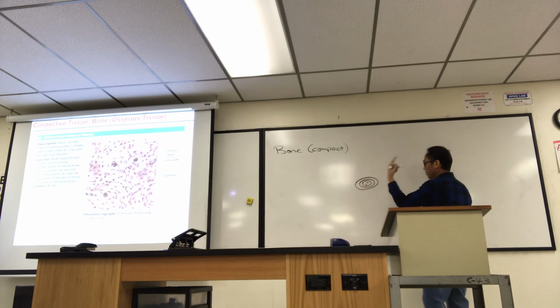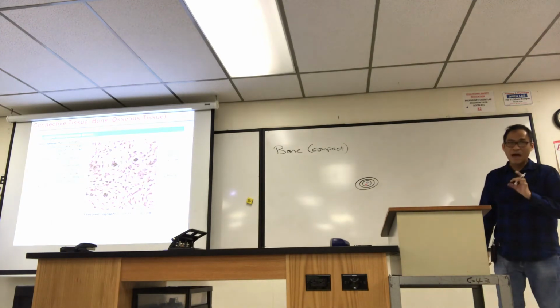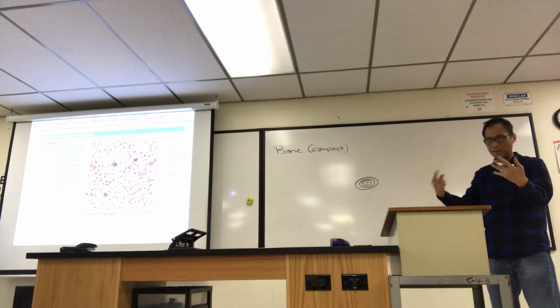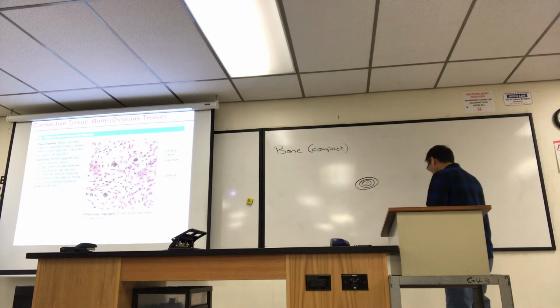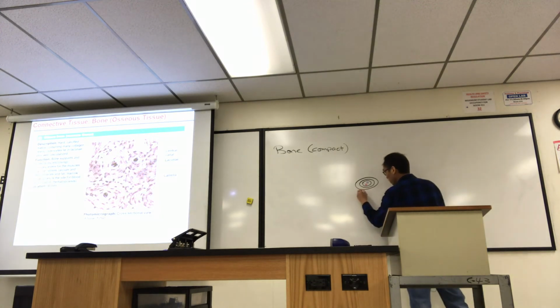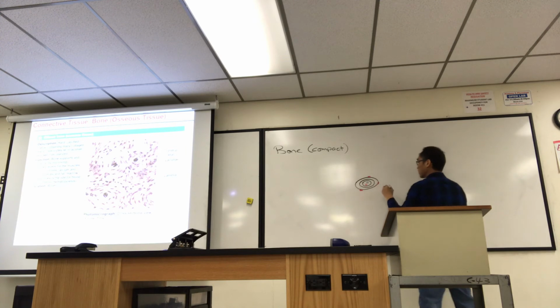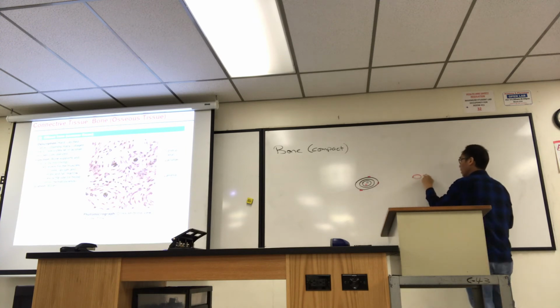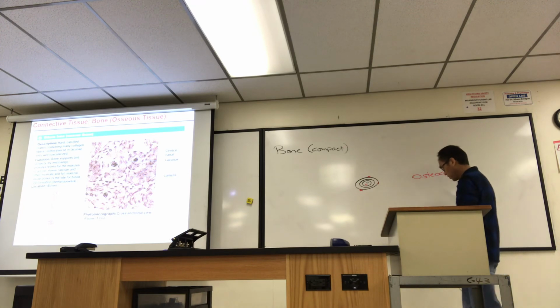So there's a couple of layers. Now, in between the layers, you have the bone cells maintaining these layers. They're called the osteocytes. So maybe they're living here, all these little red cells. We'll call them osteocytes. They're stuck between the layers of bone.